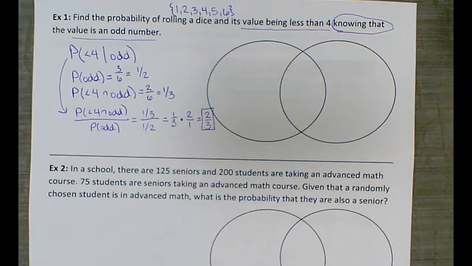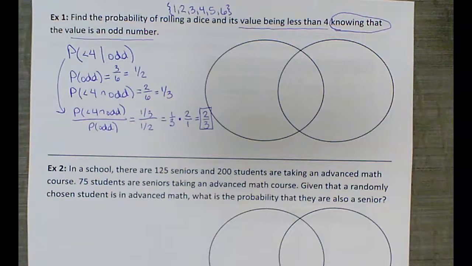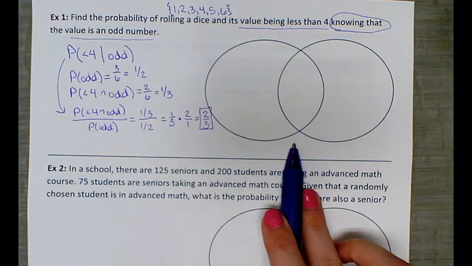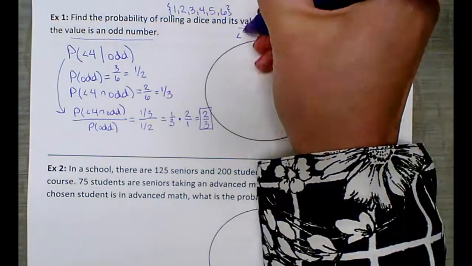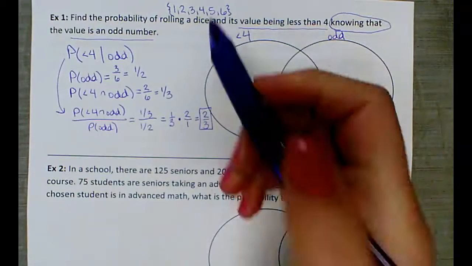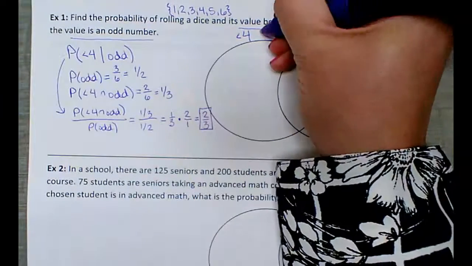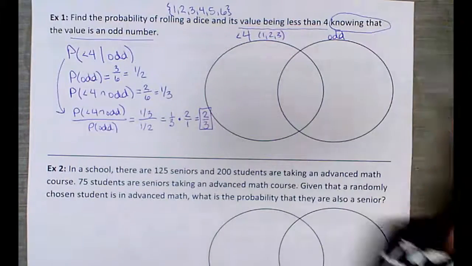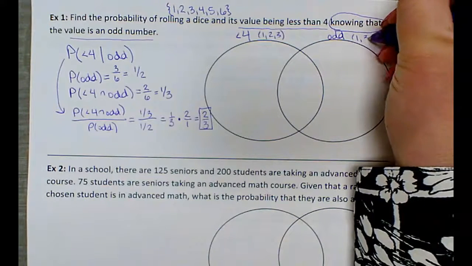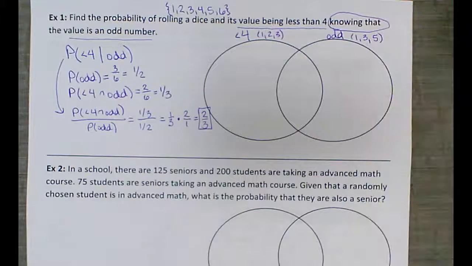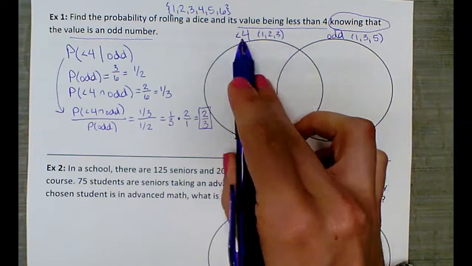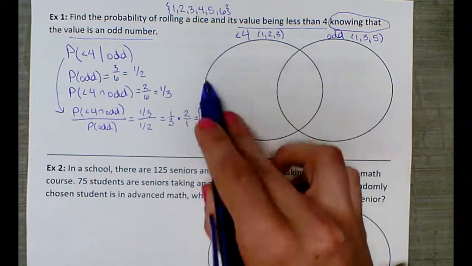Now, this is the way that you follow the formula. If I had not followed the formula, I could use something like a Venn diagram. My two events were the value being less than 4 and the value being an odd number. The numbers that are less than 4 are 1, 2, and 3. The values that are odd are 1, 3, and 5. In a Venn diagram, you want to put all of the pieces that belong with that title in the circle.